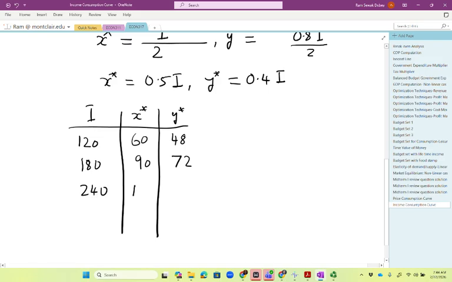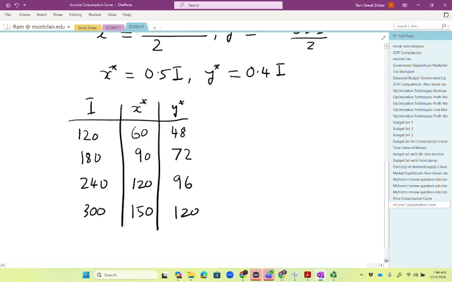You can see I am choosing these numbers appropriately so that we are able to get whole numbers for the values of X star and Y star. And I will have one more income level of 300. X star turns out to be 150. Y star turns out to be 120.